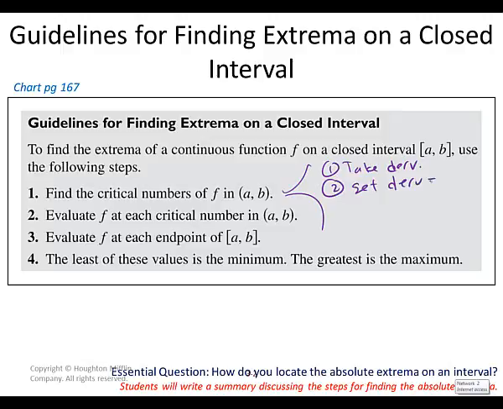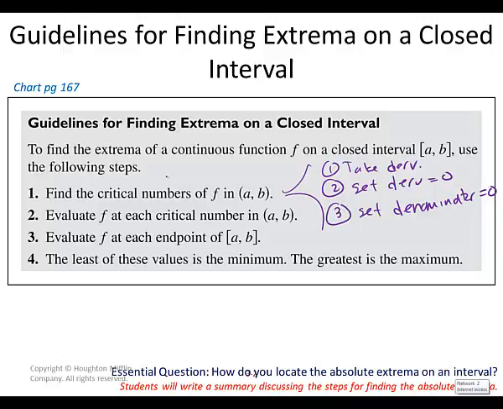Set the derivative equal to 0. And then the other place you can find critical numbers is setting the denominator equal to 0. So if there is a denominator, there isn't always a denominator.